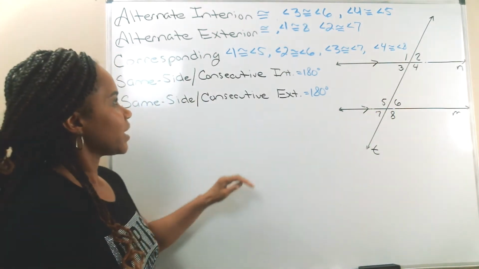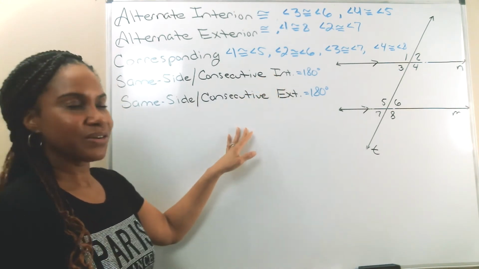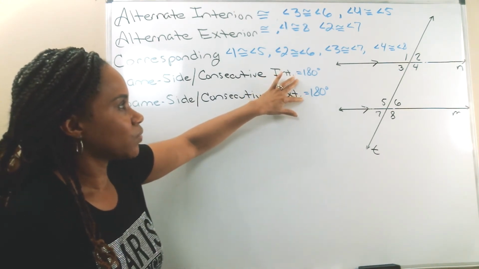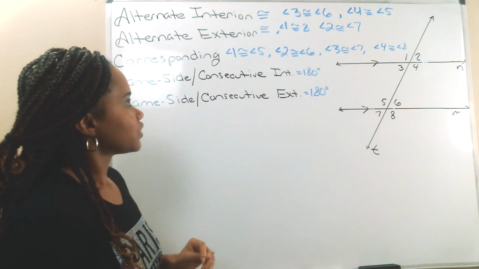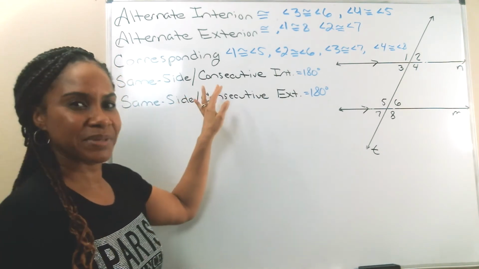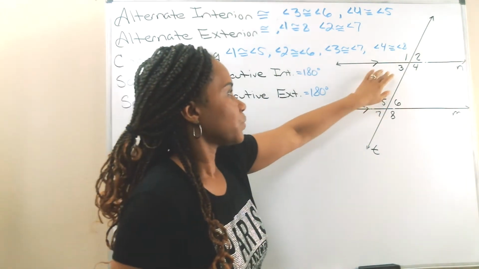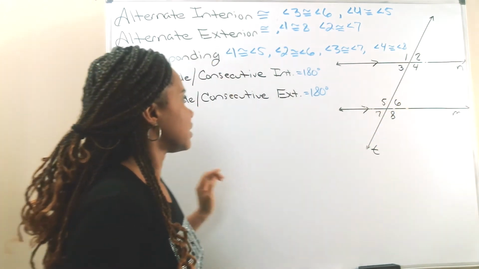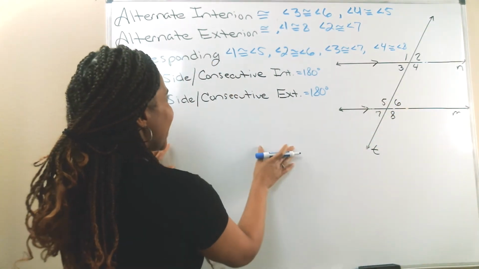All right, so now we have our consecutive angles. They're supplementary, so they equal 180. So our consecutive or same side interior angles are 3 and 5 and 4 and 6. So I'm going to write it down here.